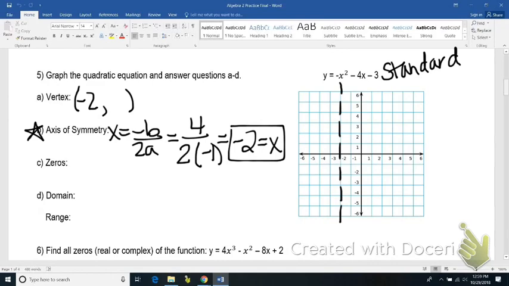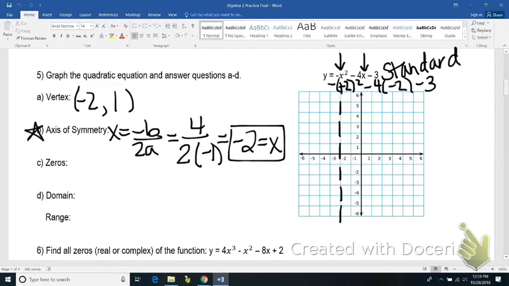So the plug and chug is back in that original equation. You would do a negative sign, and then in parentheses plug in a negative 2, square it, minus 4 times negative 2. I know that made that look like a positive sign, but it's not. And then minus 3. What did you guys get for y?